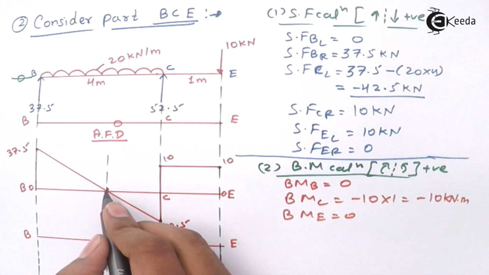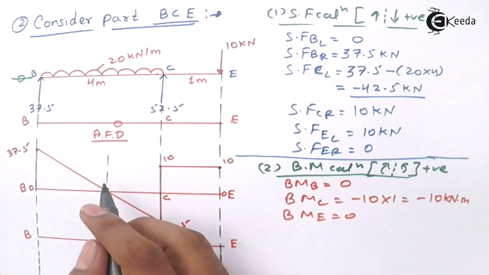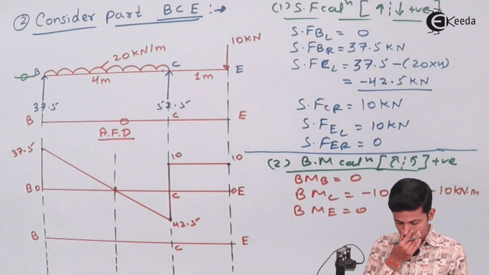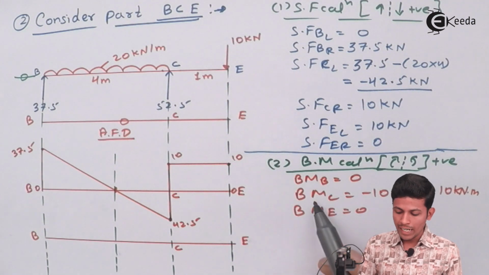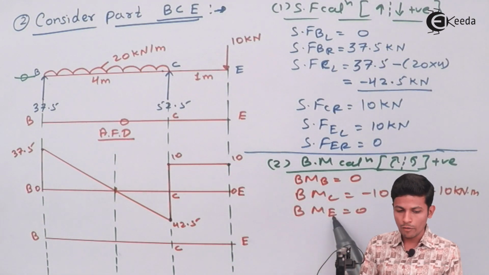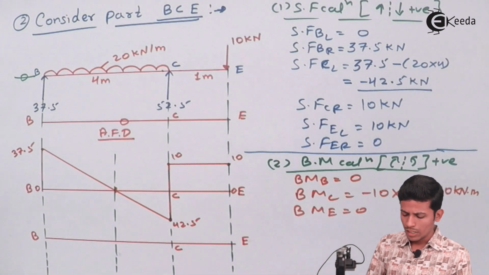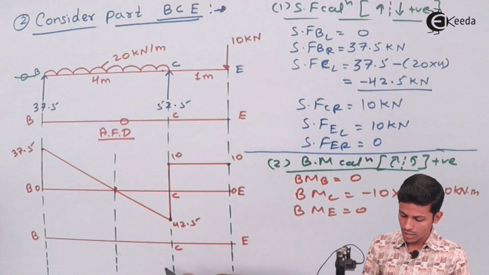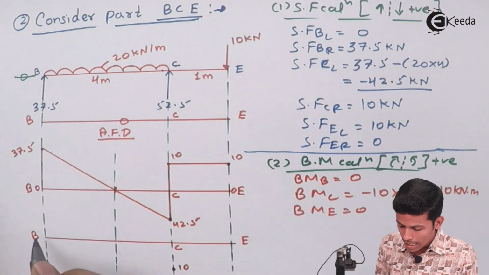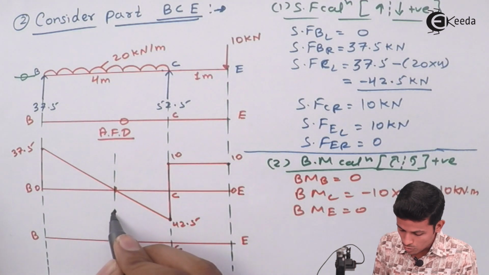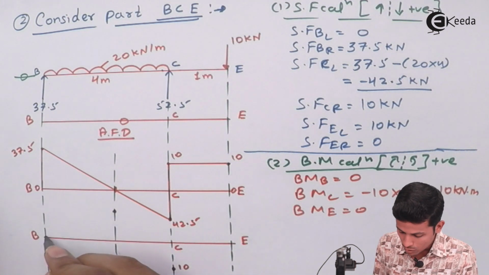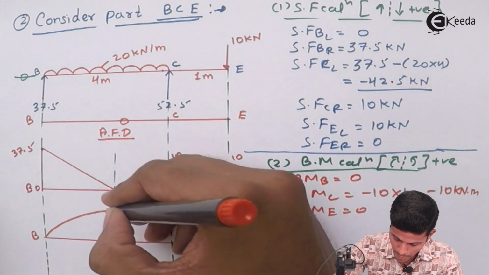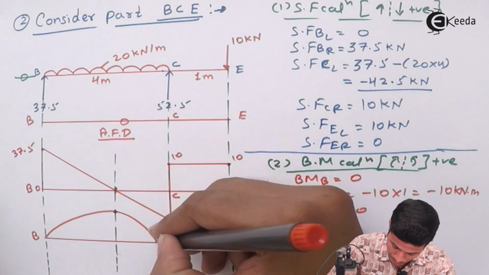Now where the shear force is 0, let's see students, we have the bending moment at B and at E. Now you can draw the diagram first. See, in C there is minus 10, this will come over here. Now bending moment is maximum over here, because where the shear force is 0, the bending moment will be maximum.